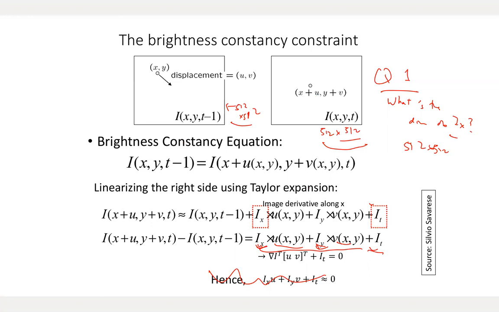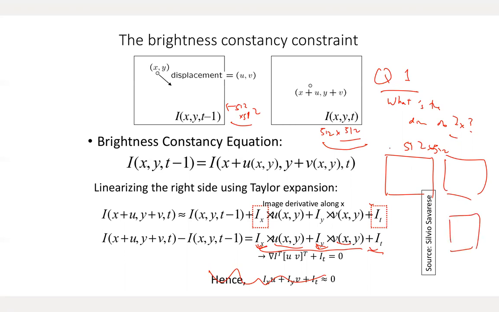So for this image, I have image Ix, and I have image Iy and It. We just want to make sure that for every pixel on this image, we satisfy this. We can think of Ix, Iy and It as all having the same dimension, 512 by 512.